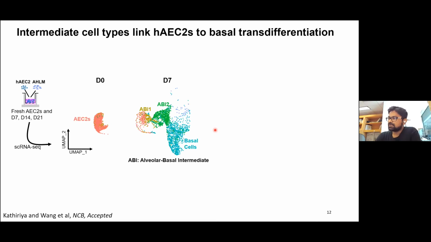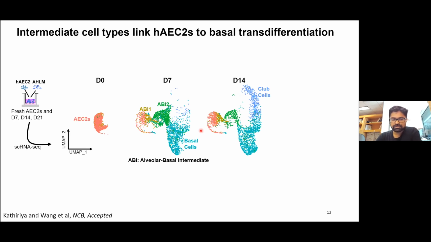And we observed that as early as day 7, we see quite a few basal cells, and there are some type 2 cells. And interestingly, these type 2 cells and basal cells are linked by these two cell populations that we chose to call ABI, or alveolar basal intermediate 1 and 2.